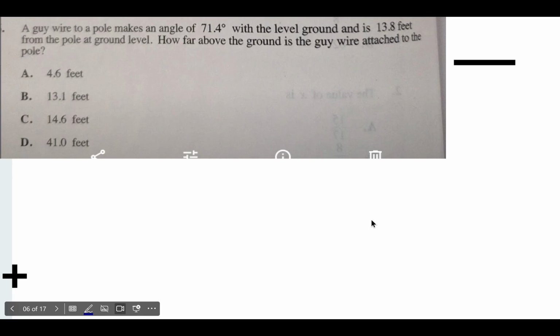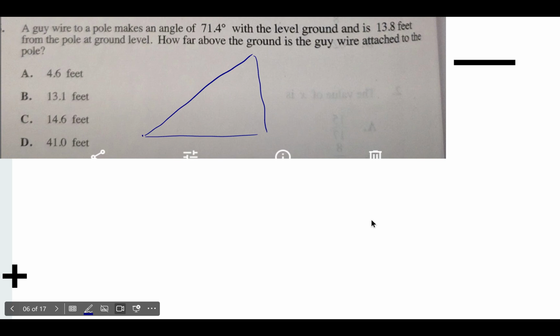Moving from here, we have our next one where we don't have a picture, so we have to come up with the picture. It says a guy wire to a pole makes an angle of 71.4 degrees with the level ground, and is 13.8 feet from the pole at ground level.